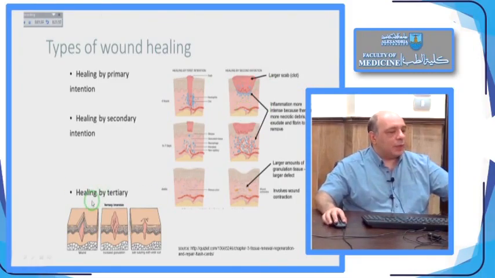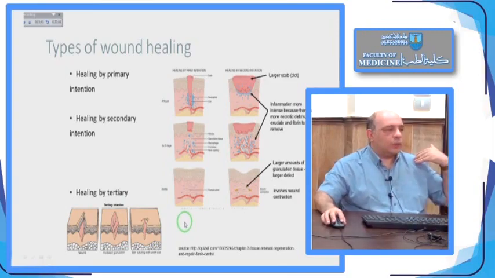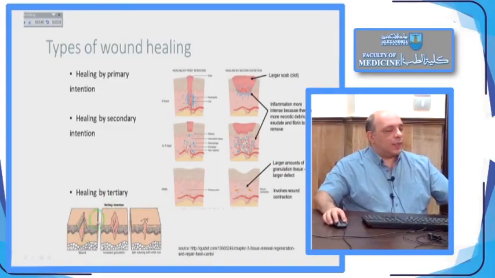But what about healing by tertiary intention? What do we mean here by tertiary healing? It means that your interference, like the suture we did in primary healing, is delayed. Here is a gaping wound.